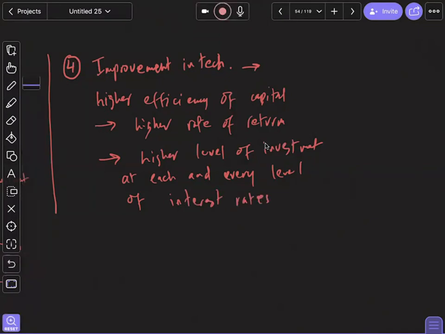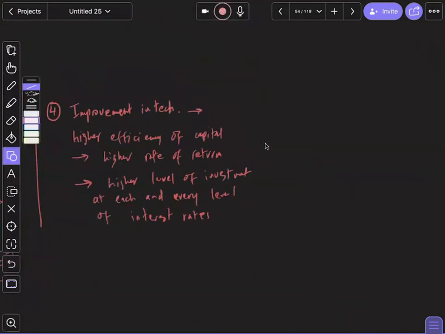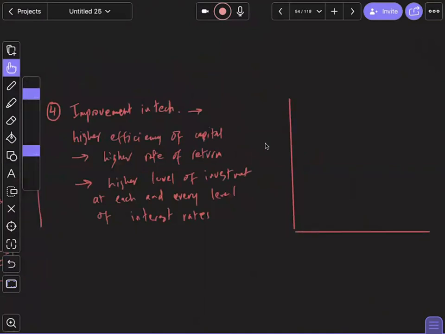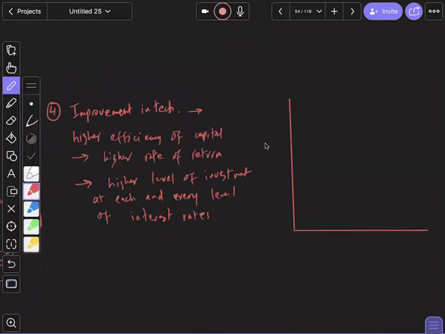Something which we need to understand. So, guys, something like this will happen. Again, the curve will shift to the right.